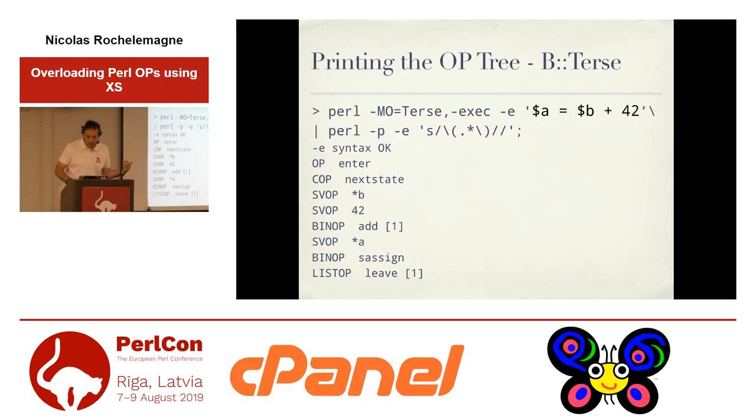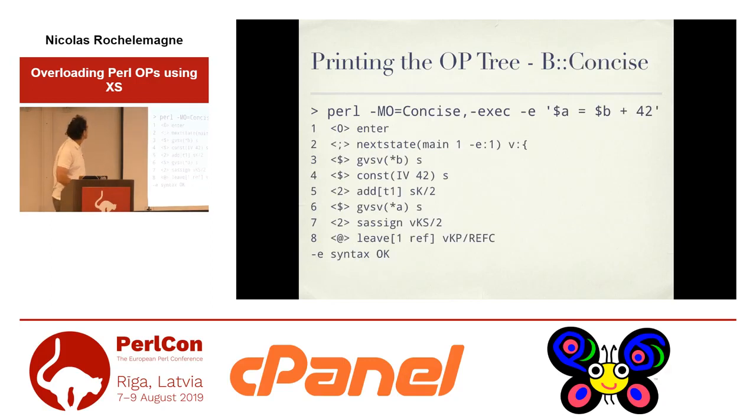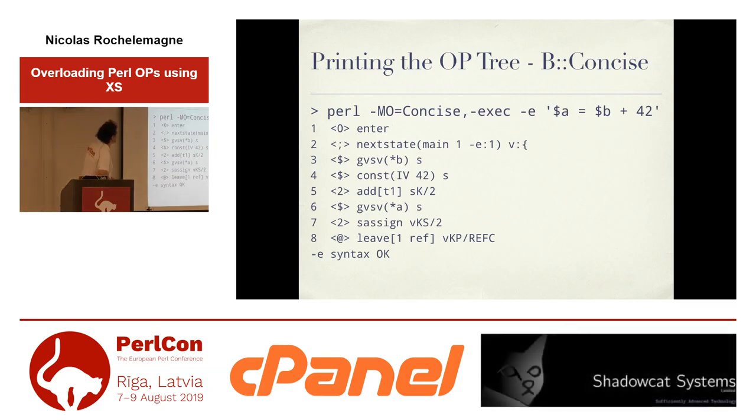There is also another way to view this. Instead of using terse, you can use concise, which is about the same, but you will have slightly more information. Note that every op is coded by that digit or character inside this bracket. There is a mapping of what op it means, whether it's a list op, a unop, or whatever.